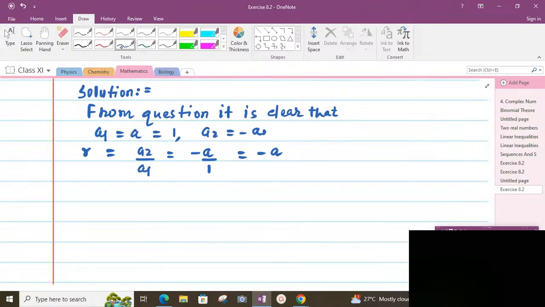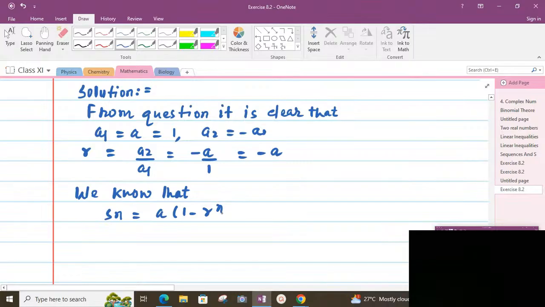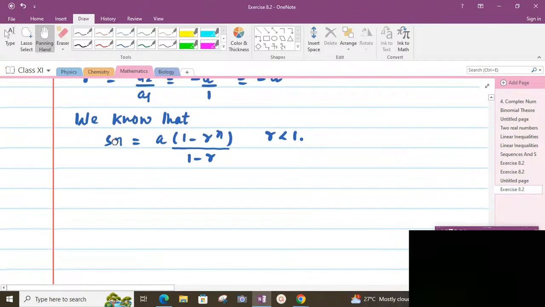So we recall the formula. We know that Sn equal to a(1 minus r to the power n) by 1 minus r. Here r is less than 1. So we put the value.